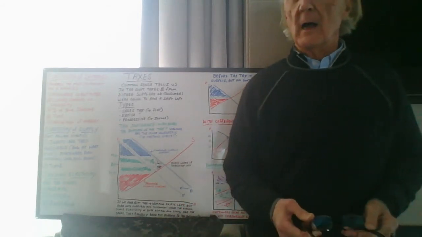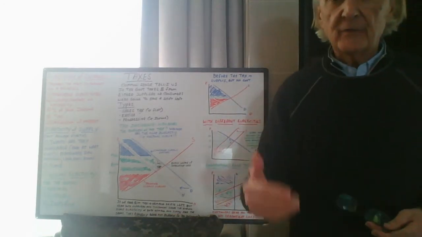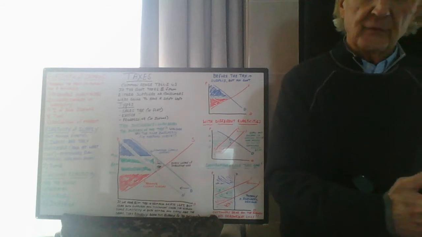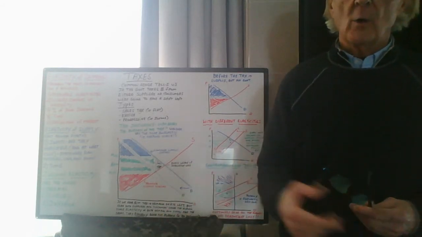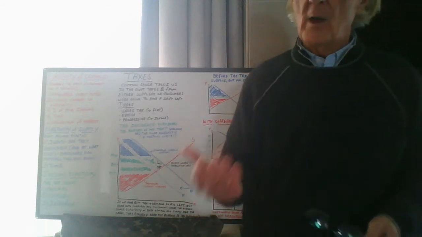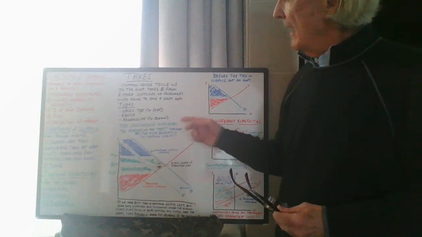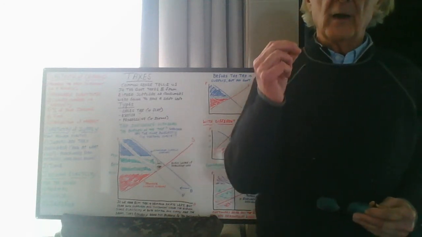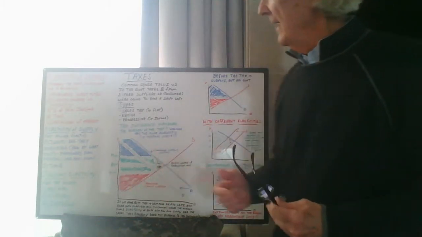Now, to their credit, I will say that at least they took food and medicine out of that equation. So that helps a little bit, especially for the poor folks. Excise tax is a specific tax on a particular good or service, okay?